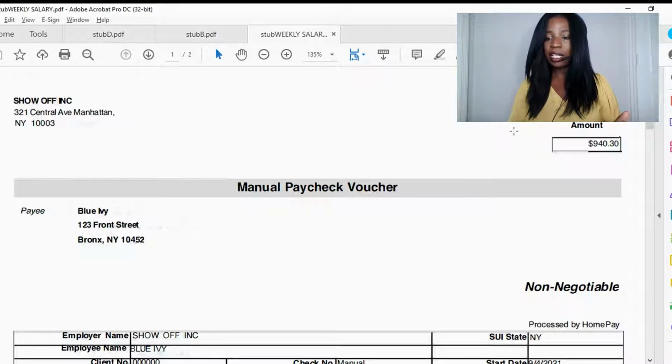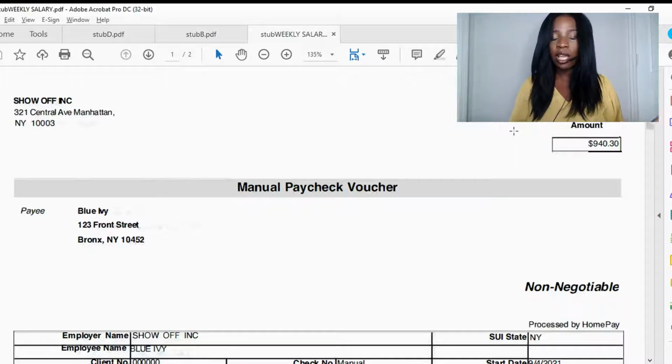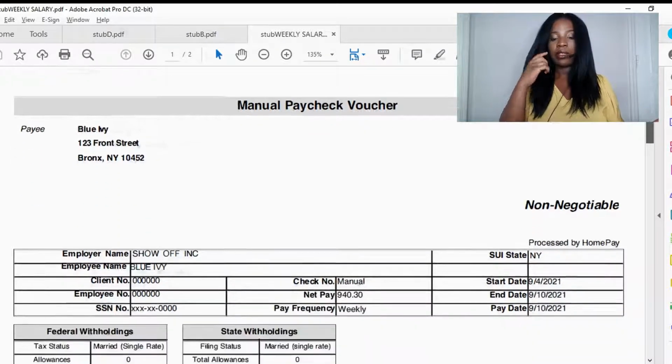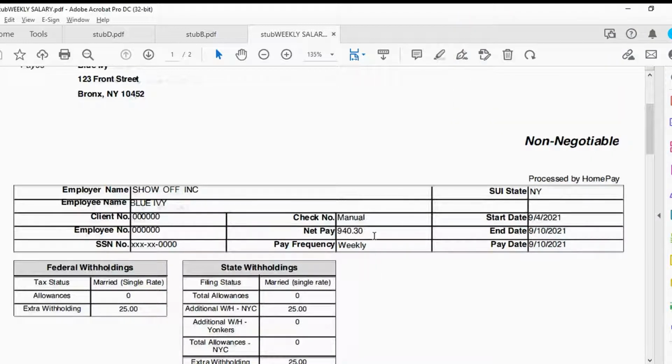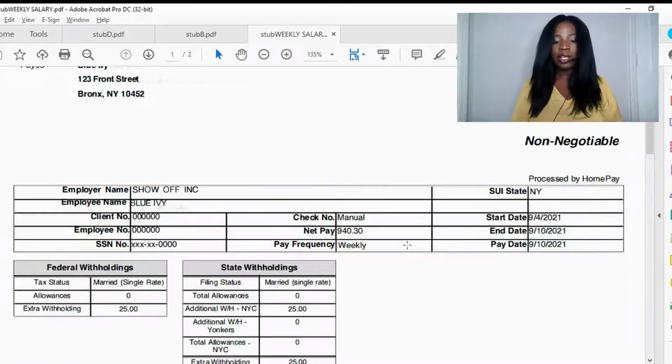But when it comes to calculating income, the first thing I want to know is the frequency that my borrower is paid. So this particular pay stub for Blue Ivy, the pay frequency is actually indicated here as weekly. Most pay stubs do not tell you the pay frequency.